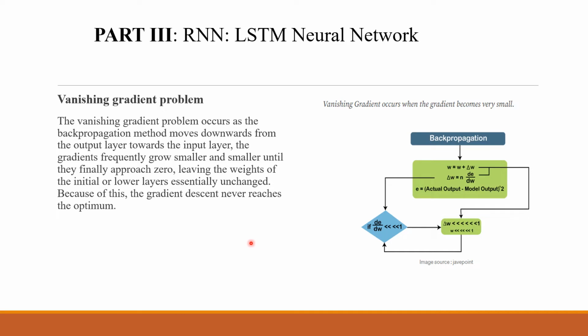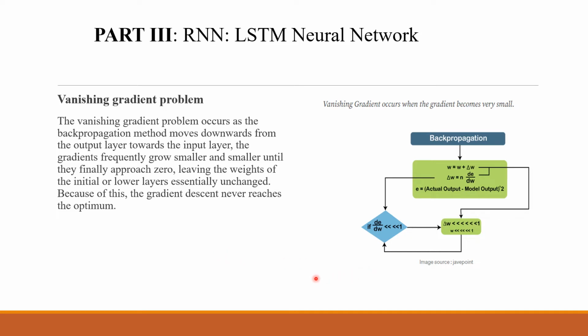In this part 3, we discussed the LSTM neural network, and I started by discussing the vanishing gradient problem, which is a common problem in simple RNN networks. The vanishing gradient occurs when the gradient becomes very small, as we can see over here. This occurs as the backpropagation method moves downwards from the output layer towards the input layer.